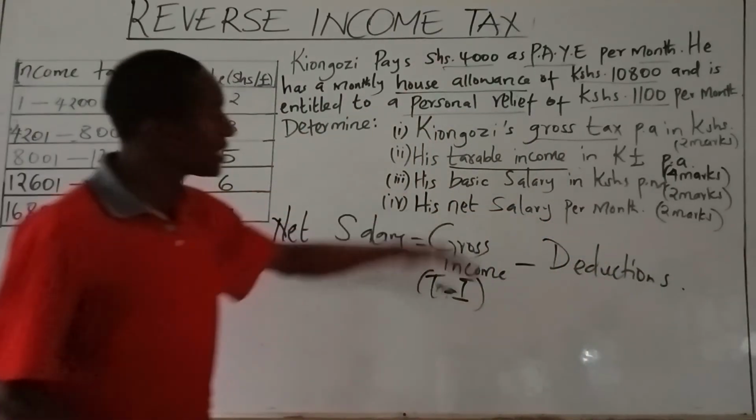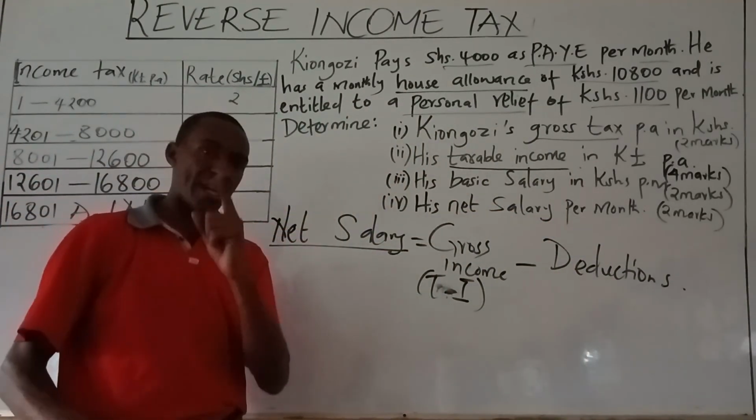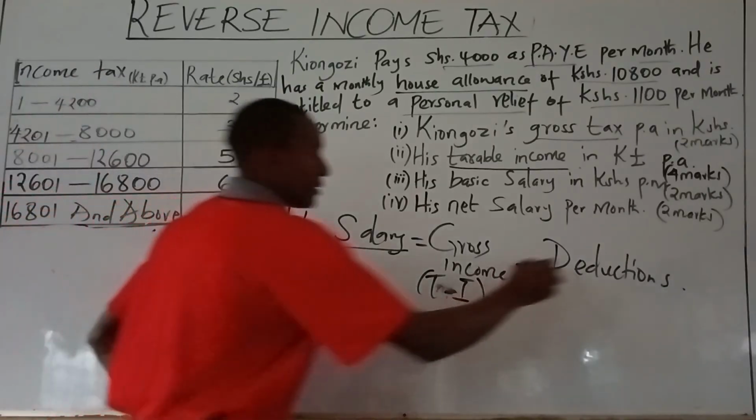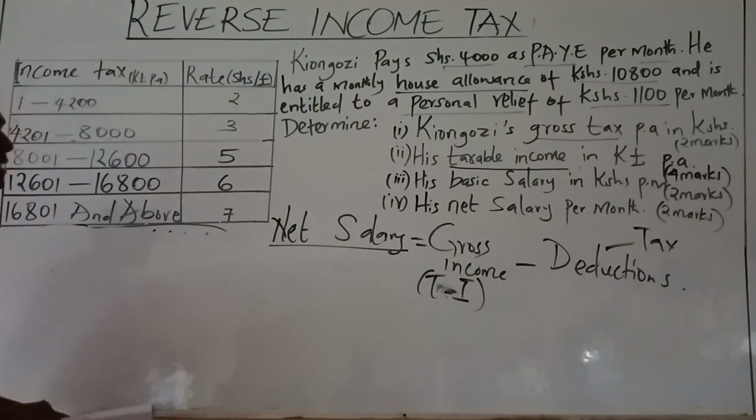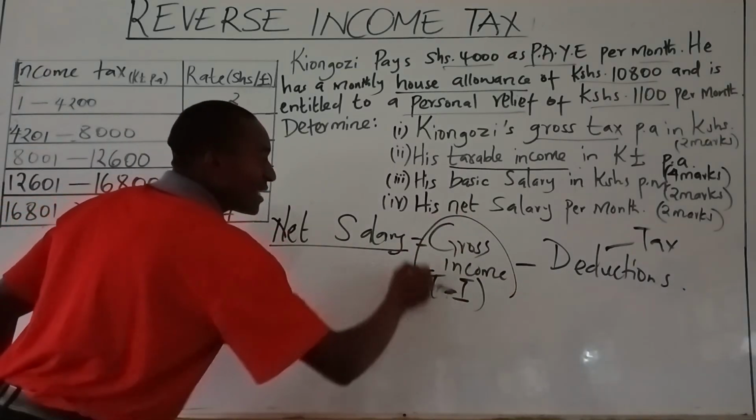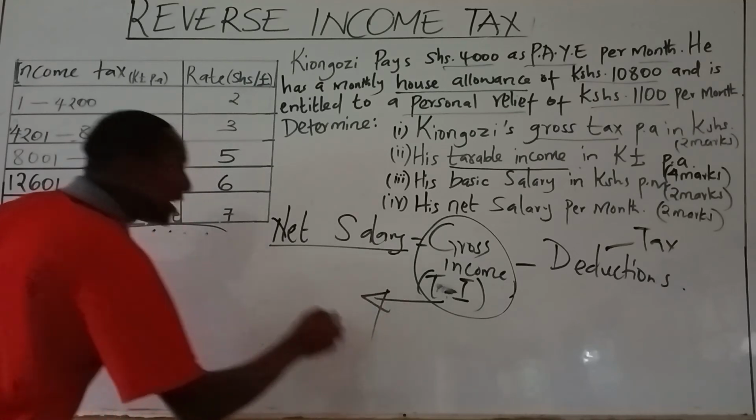And from the look of things here, this person has only one deduction, and that is tax. The tax is the only deduction in this question. The gross salary is basic salary plus allowances.